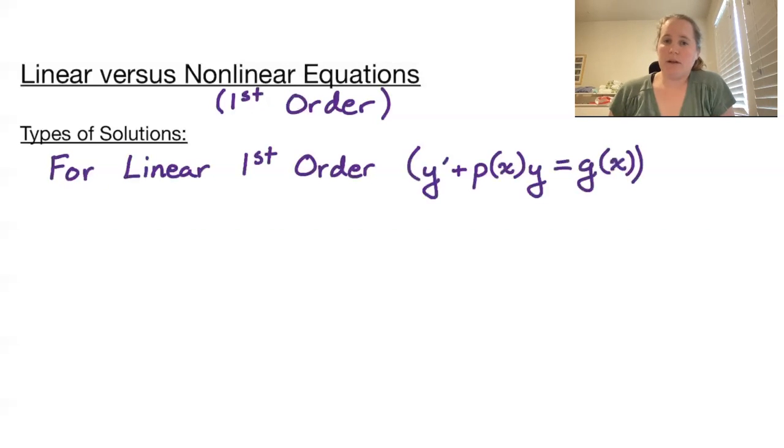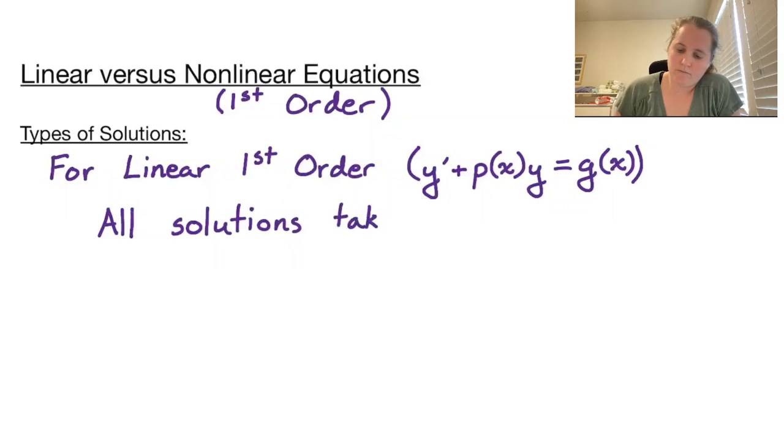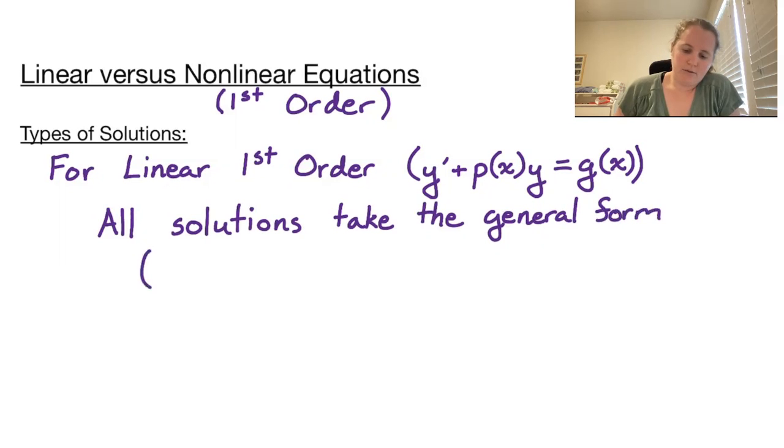For linear first order equations, all solutions will take the general form, or fit the general format. What I mean by that is you can find some C so the general form matches the solution.